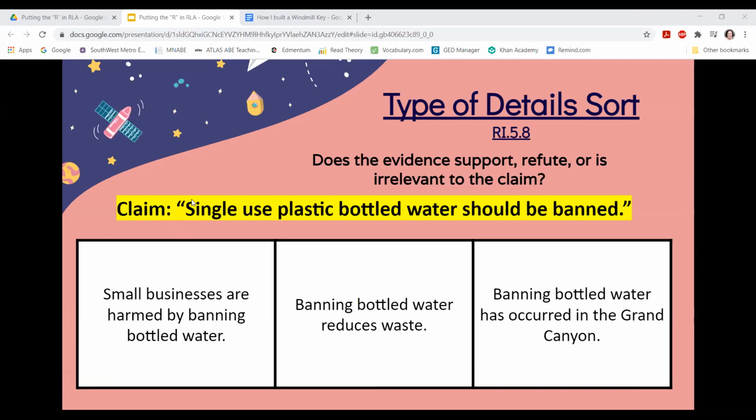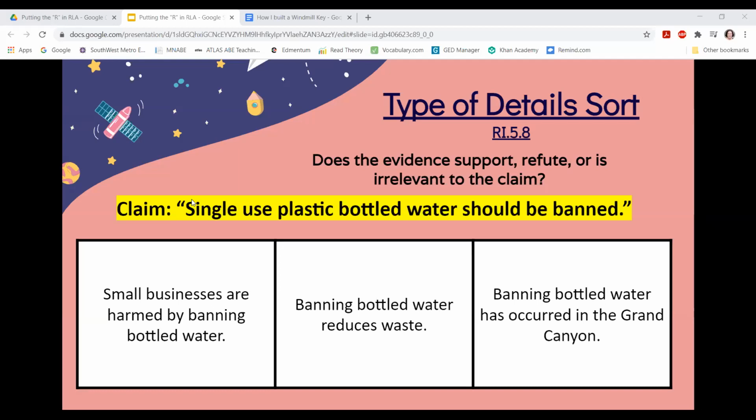Single-use bottled water should be banned. And then we have 3 pieces of evidence. I ask my students to determine whether that evidence supports the claim, refutes the claim, or is irrelevant to the claim.